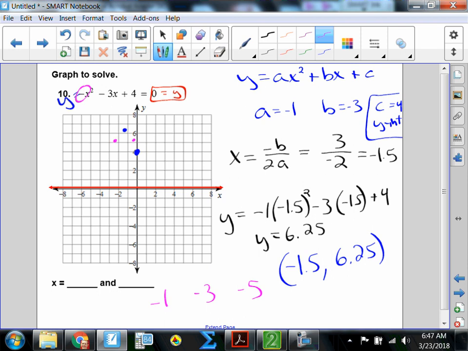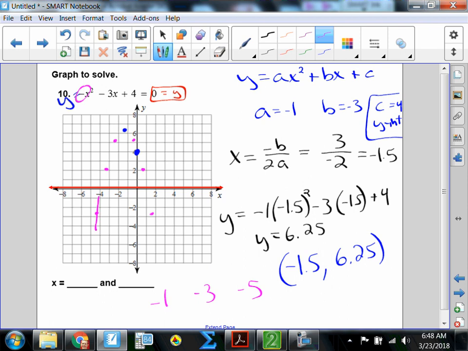From there, when I go over 1 and go down 3, I'll be at 2.25. And then when I go down 5, those are not high enough really. That would be my graph.